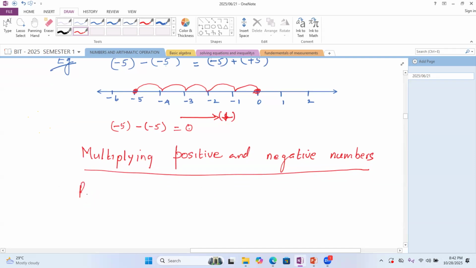First one, positive multiplied by positive. We get the result positive.